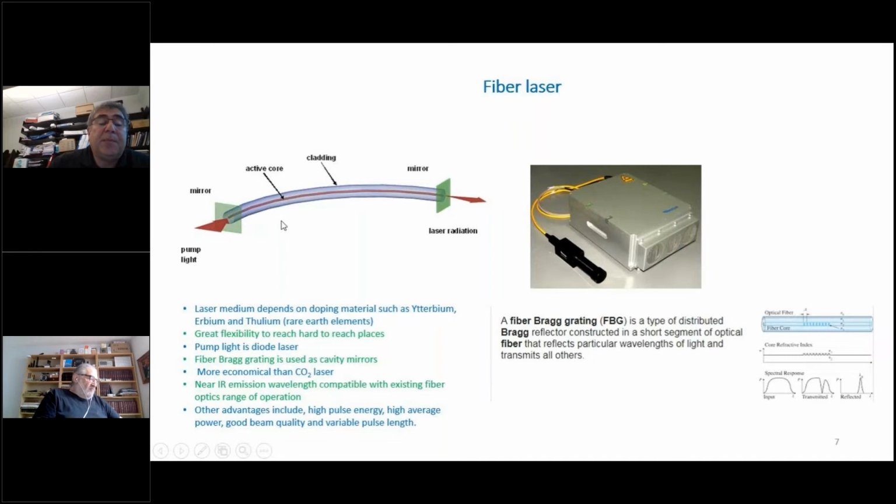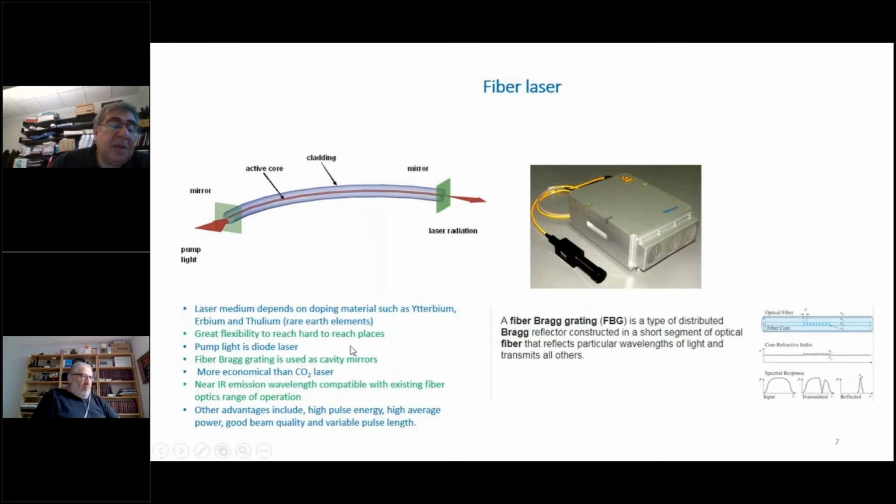So once you pump the fiber optic, the radiation goes back and forth and gets amplified and exits the fiber. This way the radiation is generated inside the fiber optic, and you can use the flexibility of the fiber optic to move the beam around anywhere you want rather than relying on mirrors.